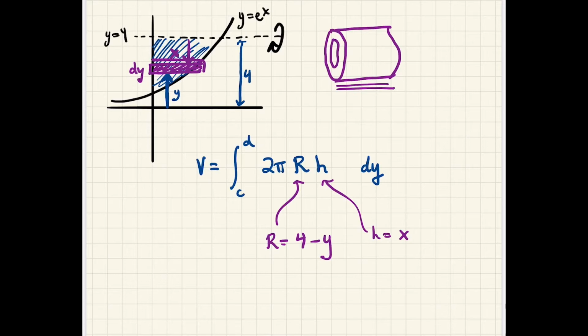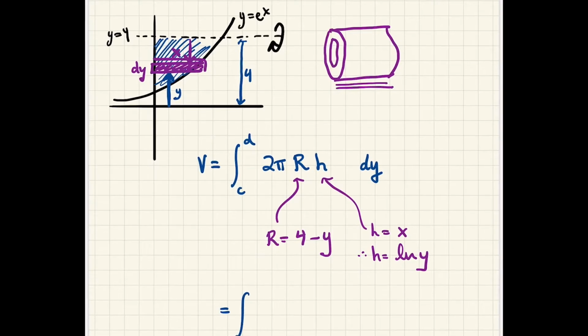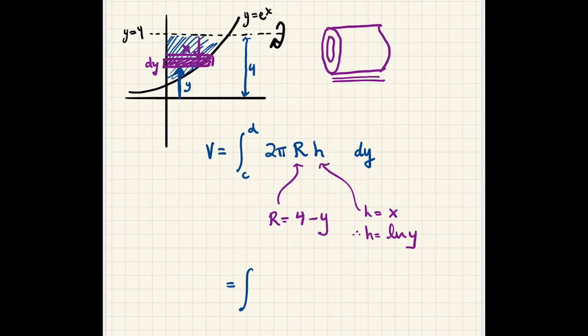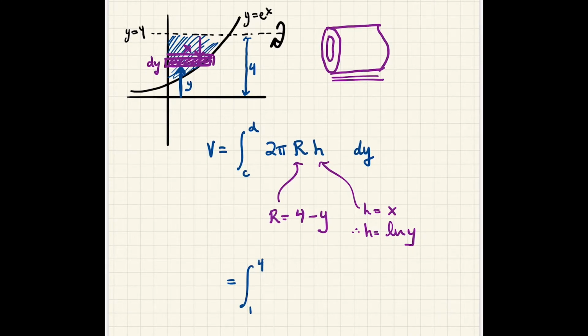However, we're integrating dy, which means we can't just leave x in our integral. We need to convert x over to y's. Well, no problem. We have the curve. So we know that x is equal to ln of y. So our whole setup would be the integral from y beginning at 1 and ending at 4, 2 pi times 4 minus y times h, which is ln of y, dy.